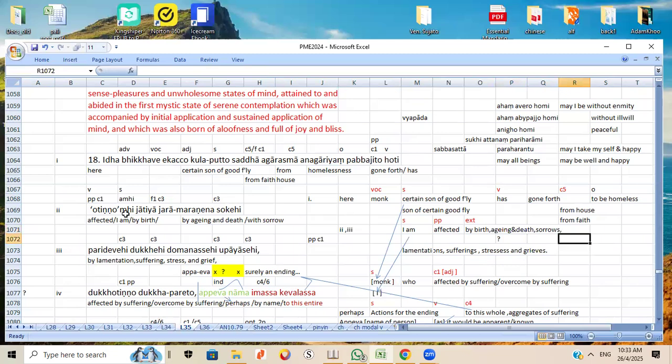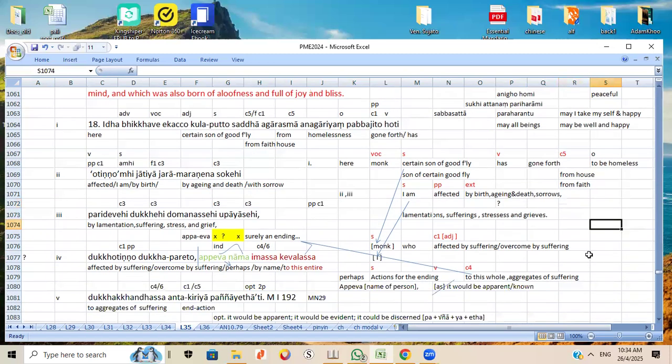So that means if you look at this and this, I'm affected by birth, aging, death, sorrows, lamentations, sufferings, stresses, grief. This is the thing. And that means the reason why he left the home is because he believed that these are the natural law. So he wants to leave the home and cultivate certain virtue and to be out of samsara. So we will continue here.